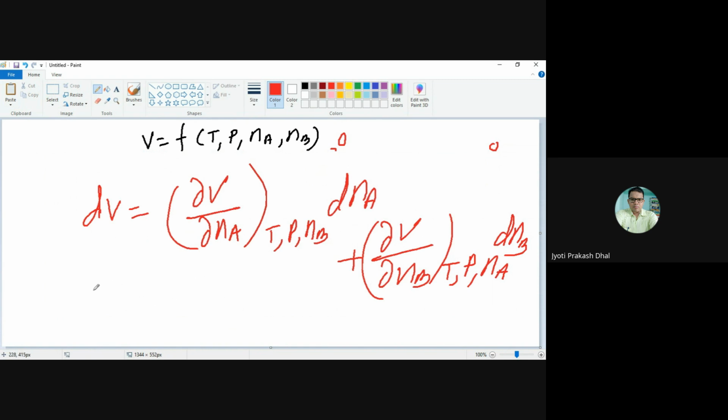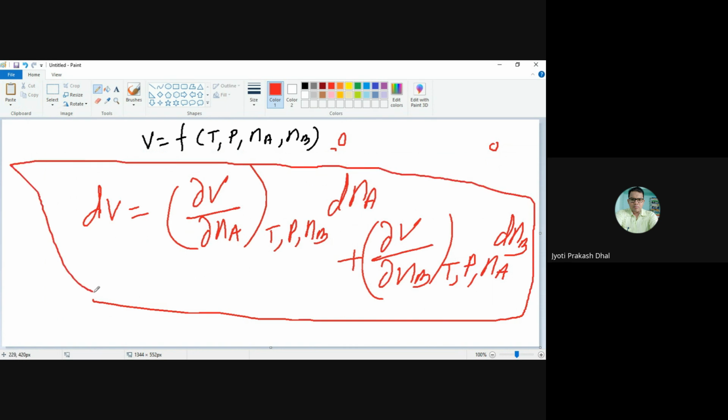So the differential will be like this at constant temperature and constant pressure.